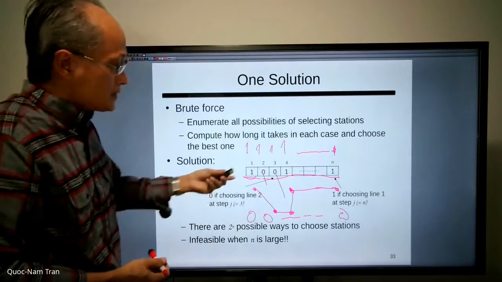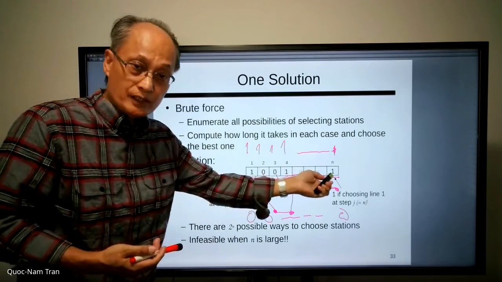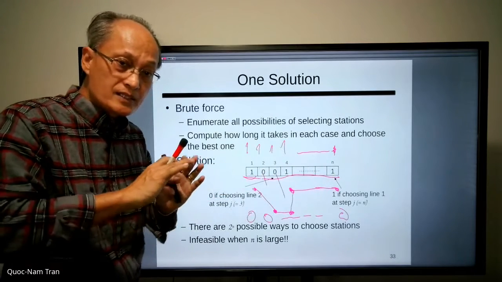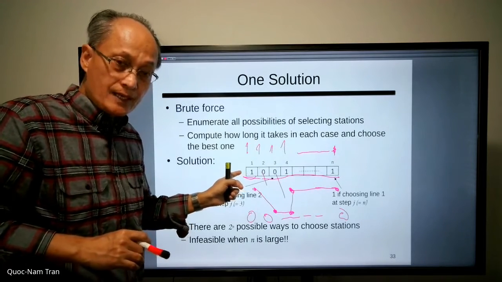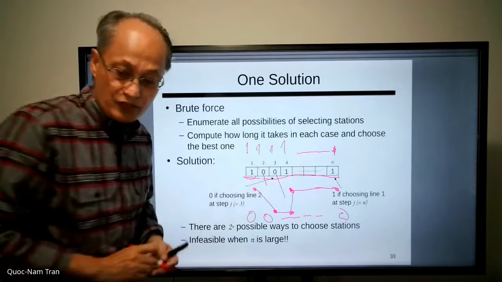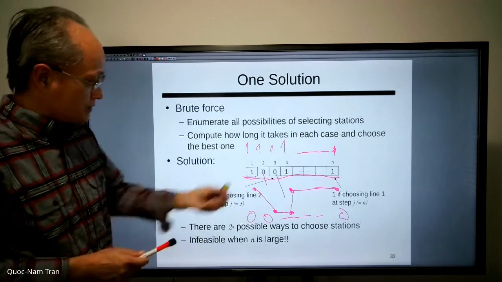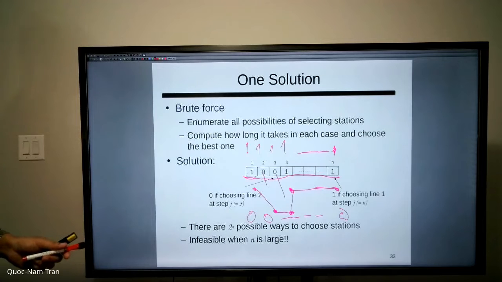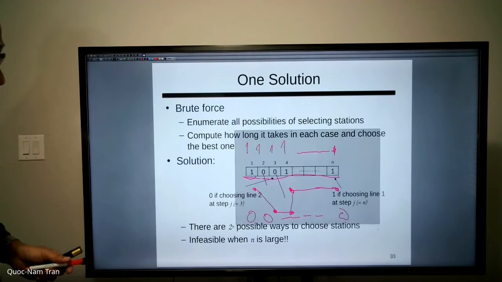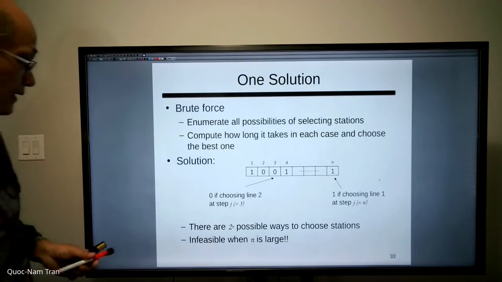So for each of this specification, this one is a specification about what assembly line we choose. For each of the specifications here, we can calculate the cost. What would be the cost for this option? So let me remove everything here, and then we want to find out what could be the cost.